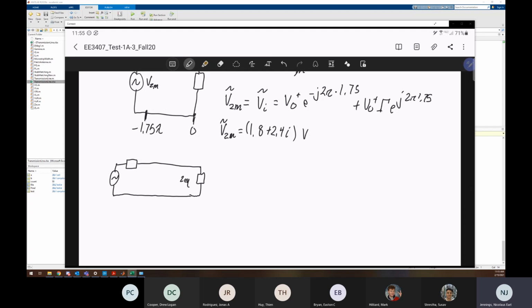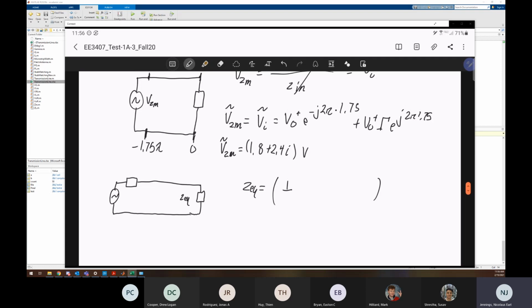Now, how will we solve for Z equivalent at this equivalent load? There are going to be two terms in this; one of them we know, one of them we'll have to find. Mark, you mentioned what we're supposed to do: bring them together so that it turns into one versus the parallel.